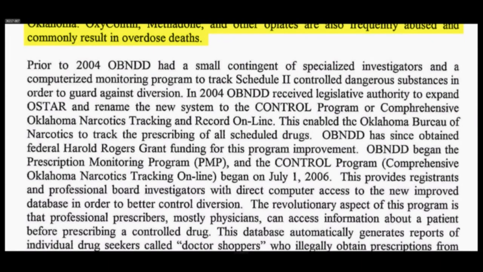And we see that in 2004, the Oklahoma Bureau of Narcotics received legislative authority to expand O-Star and rename the new system to the Control Program, or Comprehensive Oklahoma Narcotics Tracking and Record Online, right? I see that. And if you go a couple sentences further, you see that OBNDD began the prescription monitoring program and the control program on July 1st of 2006, correct? I see that.